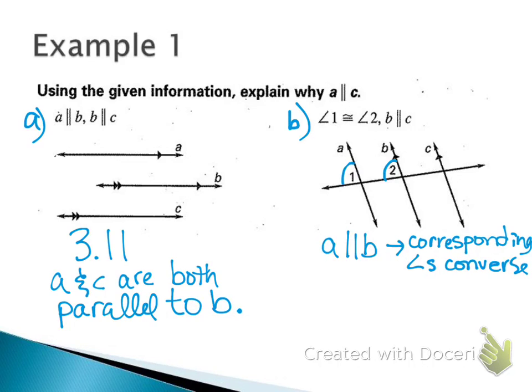So if I know A and B are parallel, I can go ahead and mark that. I'll use 2 triangles because we've already used 1 for B and C. But now it's back to the same situation we had in part A. A is parallel to B, B is parallel to C, so therefore A has to be parallel to C because both are parallel to B, or Theorem 311 again.